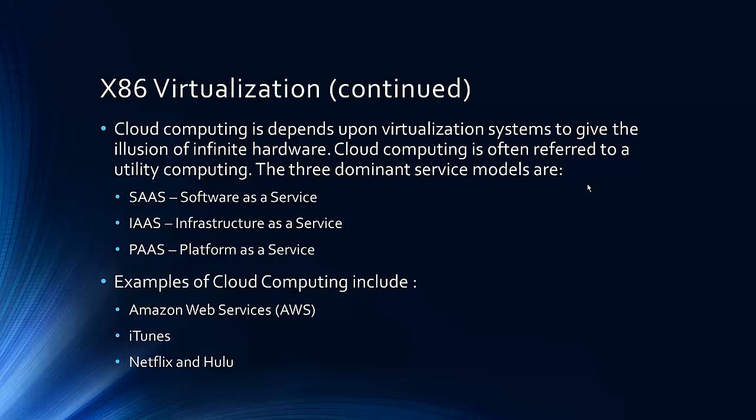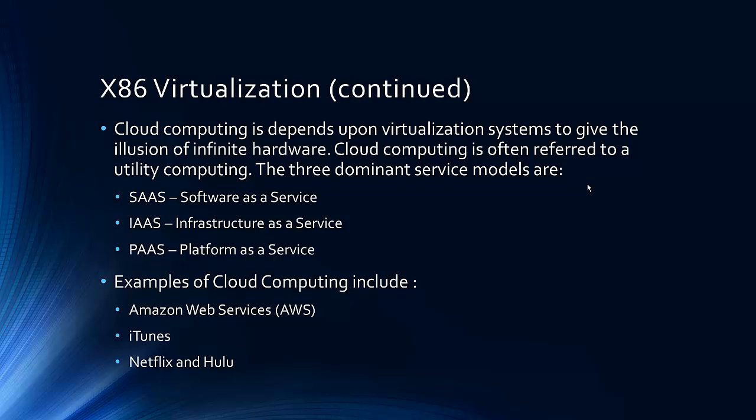Now, there are three dominant service models. It's just worth mentioning because you may have heard these terms bandied about in the press before: software as a service, infrastructure as a service, and platform as a service are the three dominant service models. And like I was mentioning, with utility computing, software as a service, something like Salesforce.com, if you're accustomed to that CRM software, means that your service, in this case your CRM software, is provided through a company called Salesforce.com.